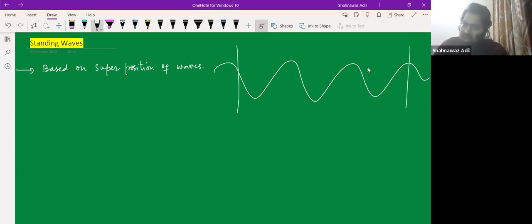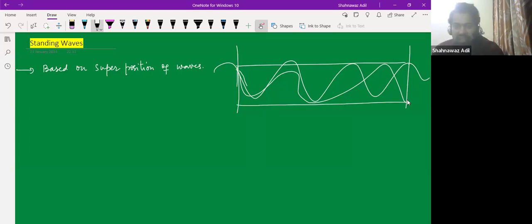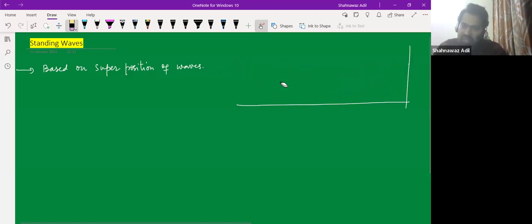So this is the one wave, and the other is the reflected wave. Then you will get a wave which is confined in this boundary. So that is the idea of standing waves, and we'll see what kind of boundary we take.